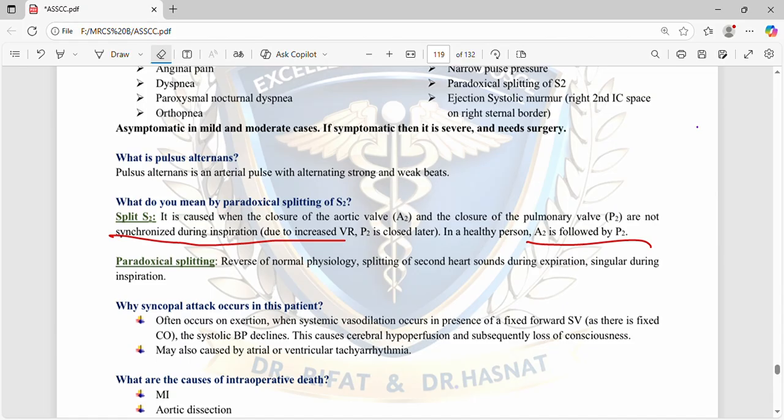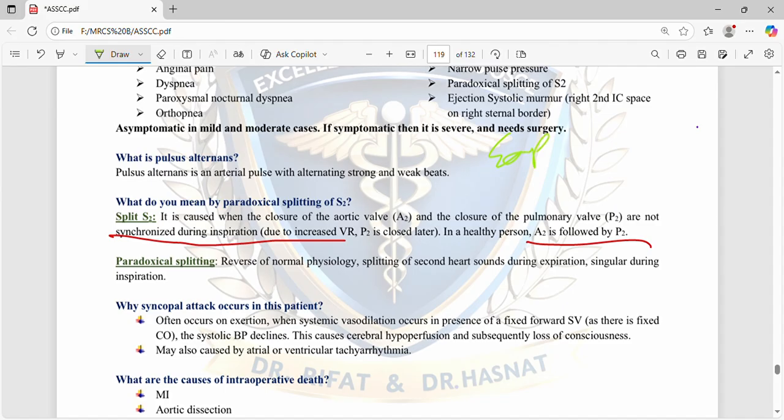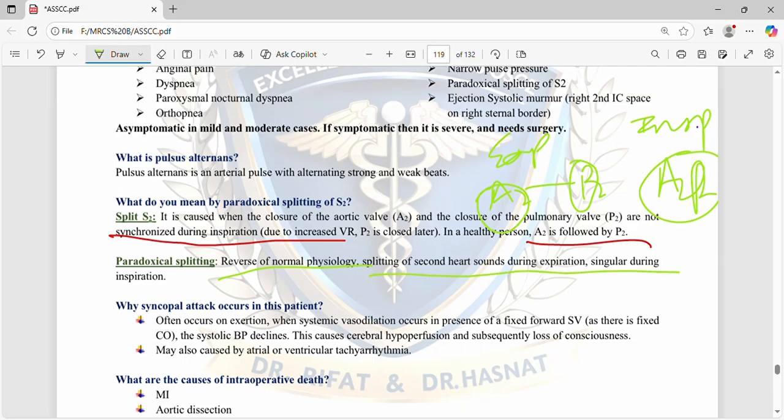But here, in expiration, A2 is heard first, with a gap, and then P2, so this gets prominent. In inspiration they are very close, A2 P2. The thing is reversed, so this is called paradoxical splitting.